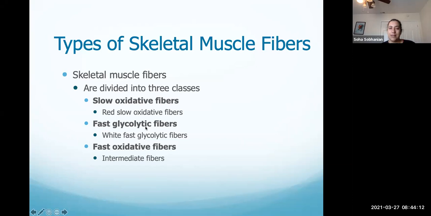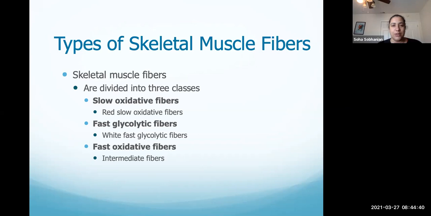Fast glycolytic implies they're going to contract rapidly and the mechanism they use is glycolysis to produce ATP. Fast oxidative implies that they're going to contract rapidly. However, in terms of the method of ATP production, they're using the presence of oxygen.